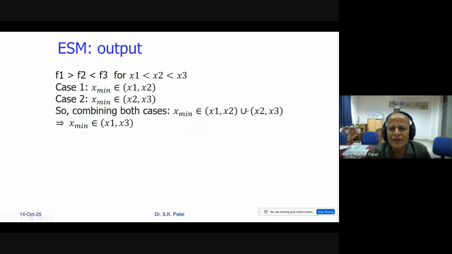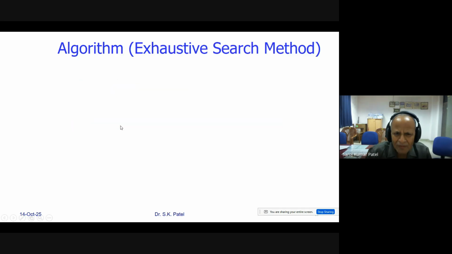So case 1 is x1 to x2, case 2 is x2 to x3. Taking the union of both cases, we can write down that x minimum lies between x1 to x3. So we started from u to v, and now we have reduced to x1 to x3. This is the bracket. This is the exhaustive method.